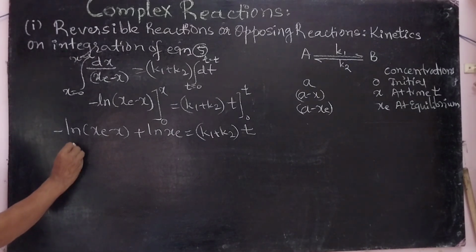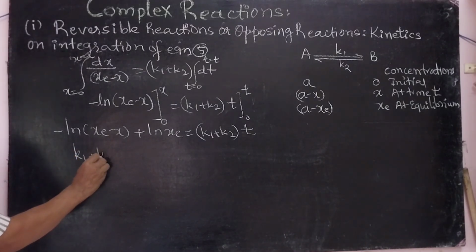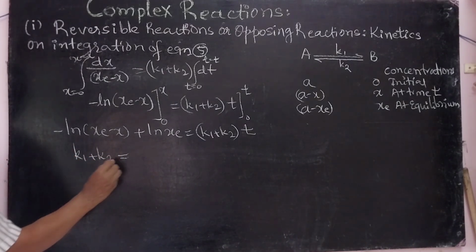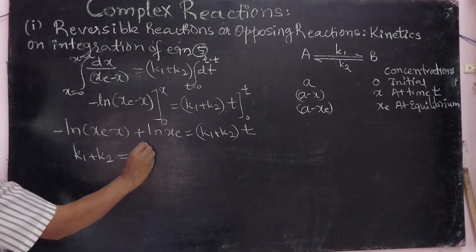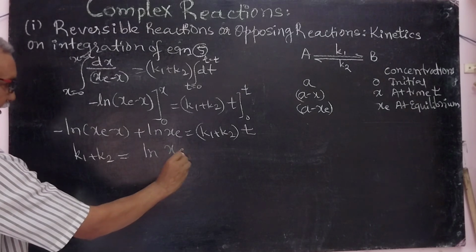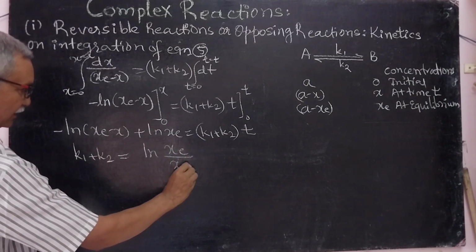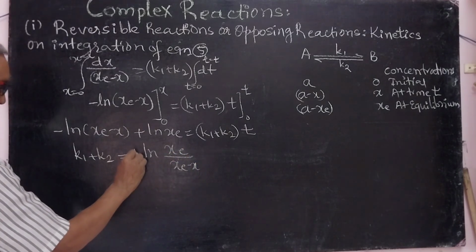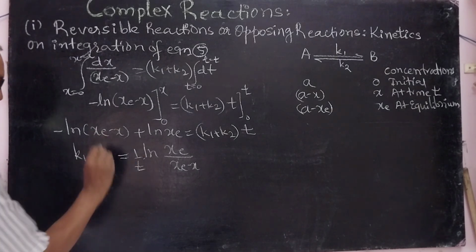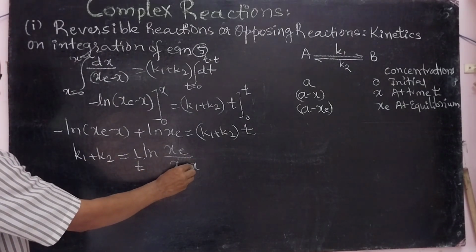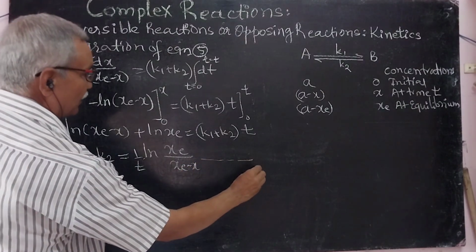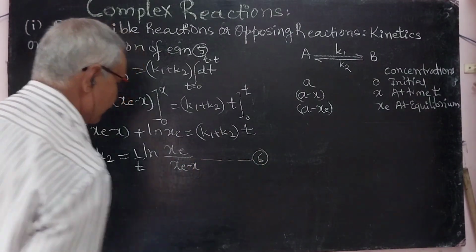Then we may write K1 plus K2 is equal to ln of Xe divided by (Xe minus x), divided by t. Suppose this is equation 6.